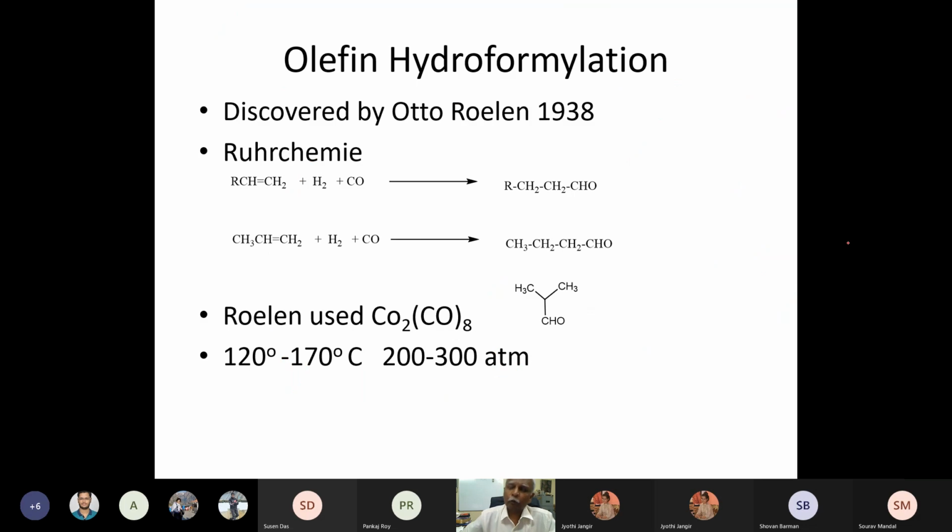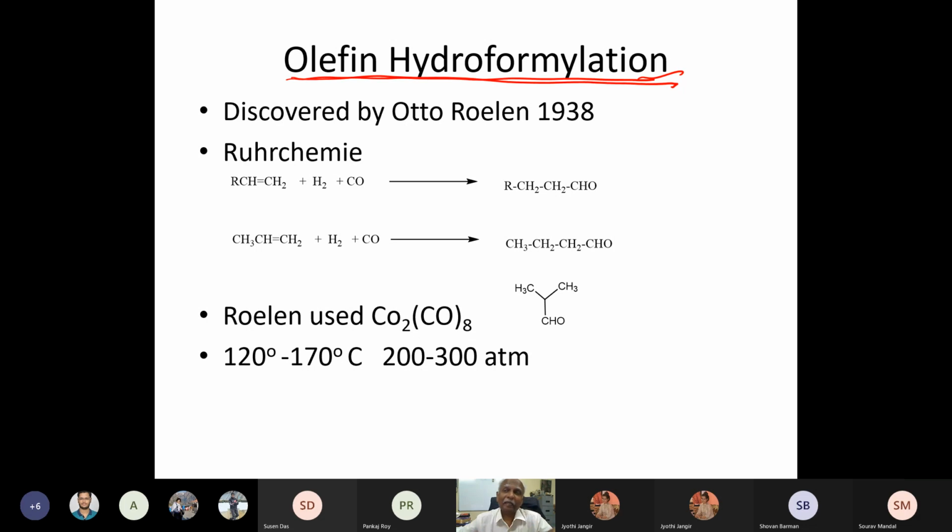Now let me move on to olefin hydroformylation. Many of these reactions are going to involve similar steps, so we will go through it fairly rapidly. We won't spend so much time on these reactions, but the interesting point is that in these cases, many times you have a small change in the catalyst or in the ligand system that changes the efficiency of the process, because multiple products can be generated using the same reactants.